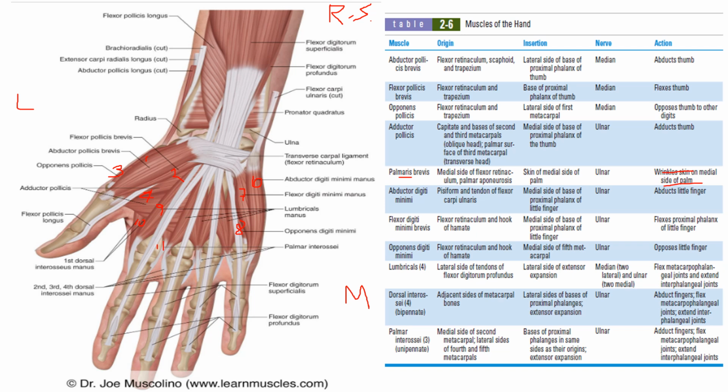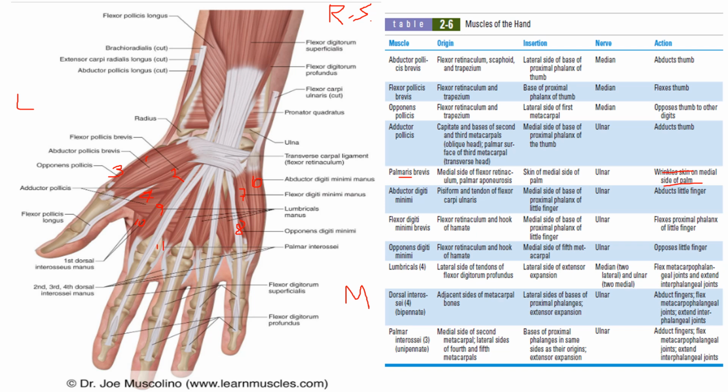Moving now more medially, let us look at this muscle over here. You can follow my cursor along. This is the abductor digiti minimi. The abductor digiti minimi originates from the pisiform, which is again a carpal bone, and the tendon of the flexor carpi ulnaris, which is this one.